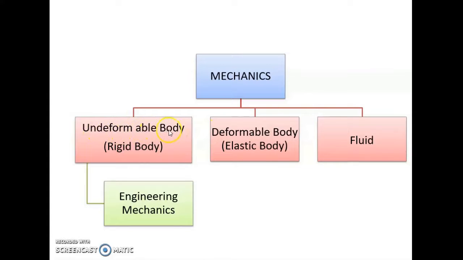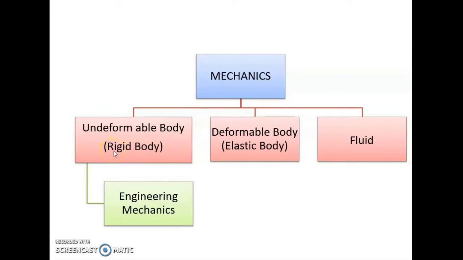So let us start with undeformable body mechanics. What we mean by undeformable body mechanics is when the forces are acting on a rigid body. The study of forces acting on a rigid body is called undeformable body mechanics, or it is also called rigid body mechanics.